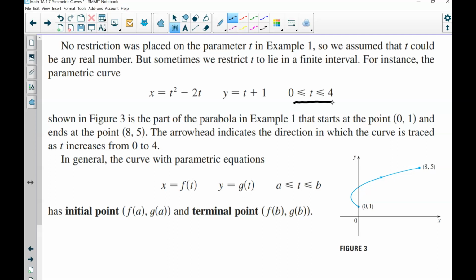And it starts at 0, 1. By starting at 0, 1, meaning that's where you have your restriction at 0, this would be considered the initial point. Okay, and then it ends at the point 8, 5, so this would be the terminal point.